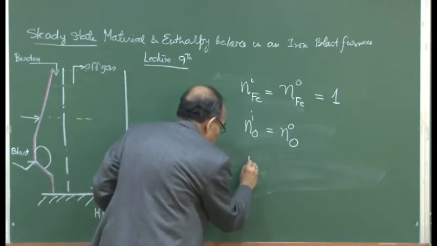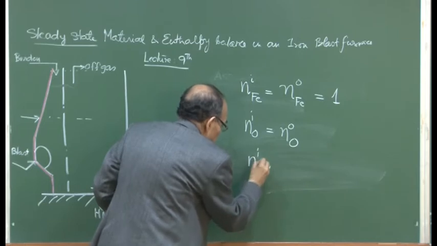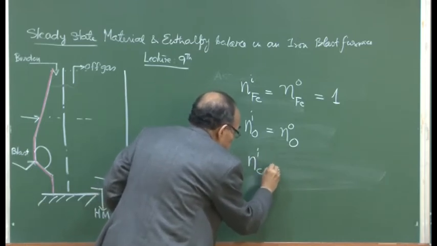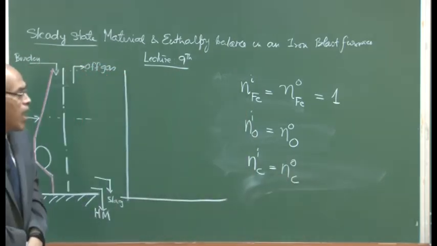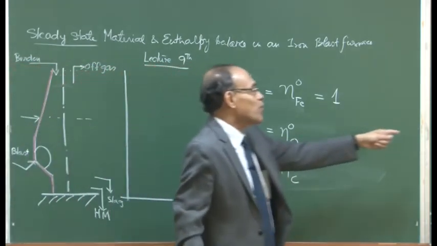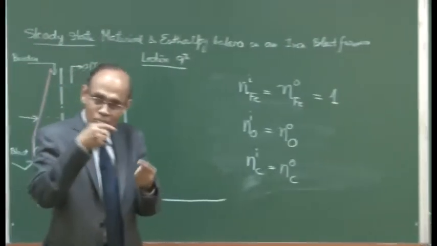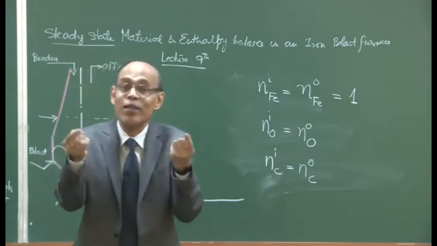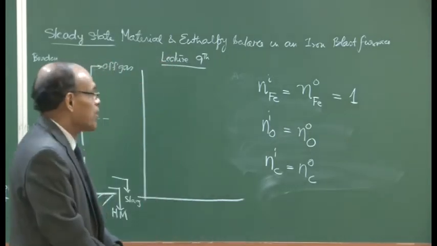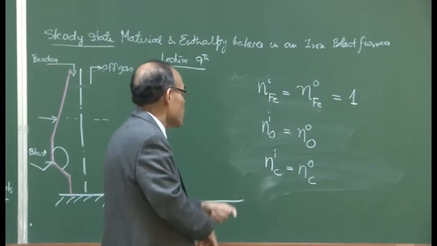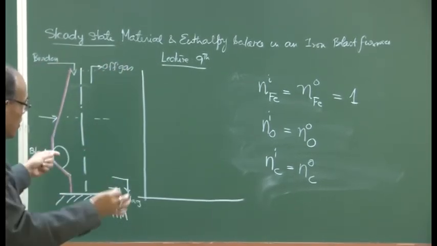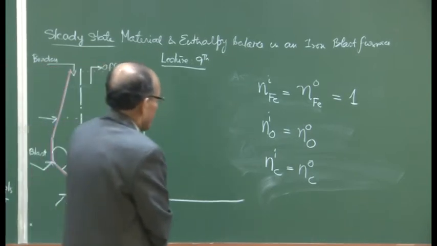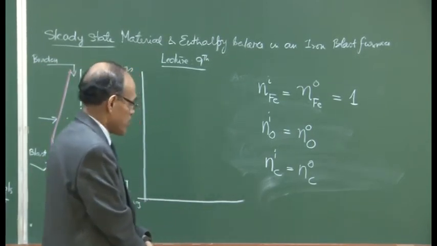And then we have N carbon input is equal to N carbon output. These are the three balance equations, and we know that whatever nitrogen we have injected, the moment oxygen can be calculated, by 0.79 by 0.21 we can find out the moles of nitrogen also, and then clubbing the moles of oxygen and nitrogen we should be able to calculate the total moles of oxygen and nitrogen which is contained in the blast.